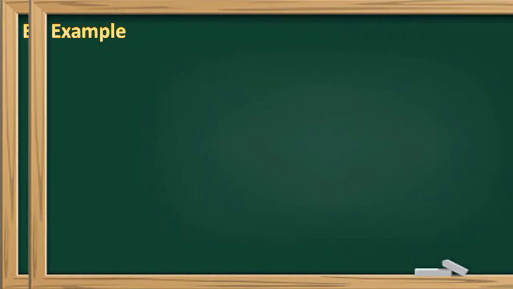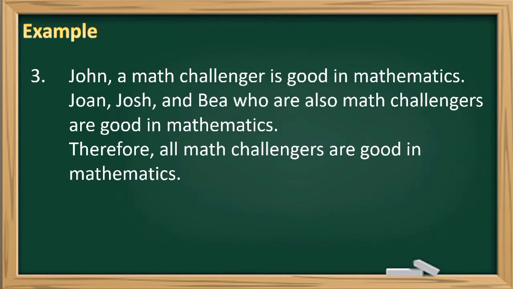Let's have another example. For number 3, John, a math challenger, is good in mathematics. Joanne, Josh, and Pia, who are also math challengers, are good in mathematics. Therefore, all math challengers are good in mathematics.